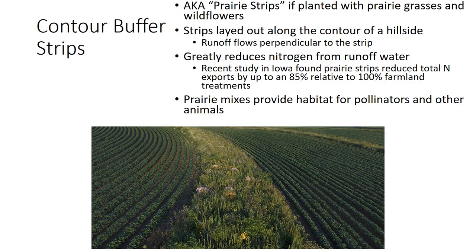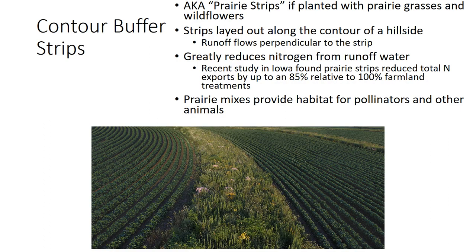Another practice that is recently emerging is contour buffer strips. Contour buffer strips have been around for a while, but contour buffer strips, in terms of prairie strips, are becoming more widely accepted and more commonly used.